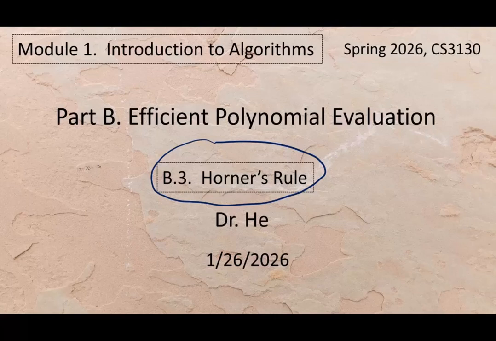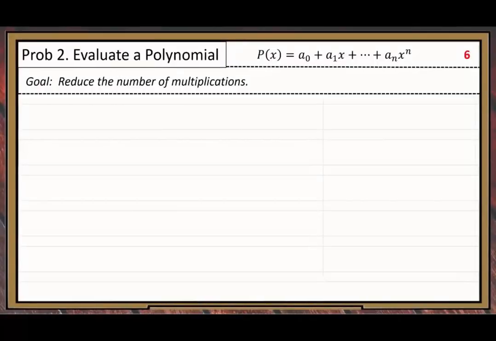Next time we will complete this smart, efficient algorithm, Horner's rule. Now our goal: reduce the number of multiplications.